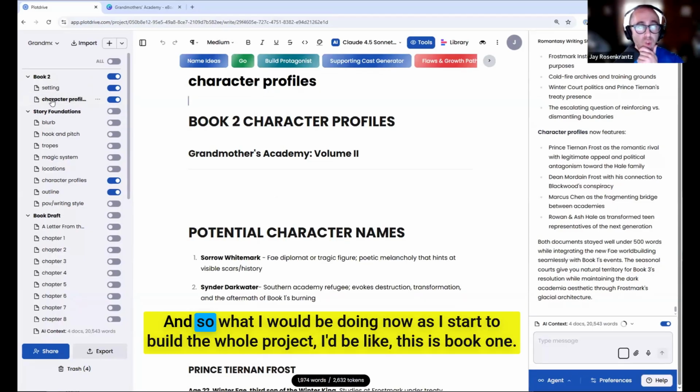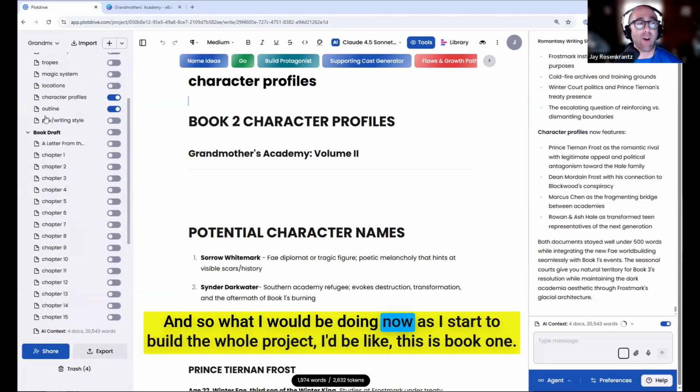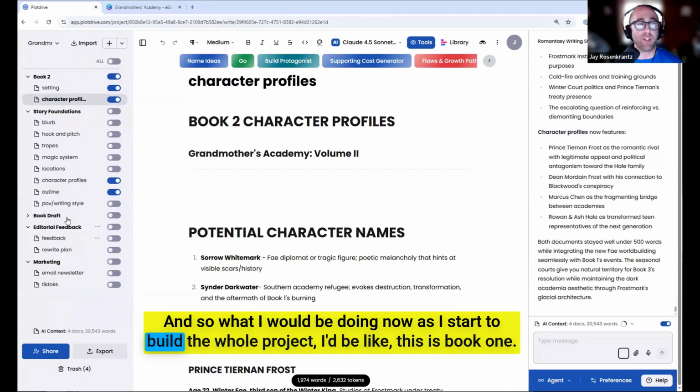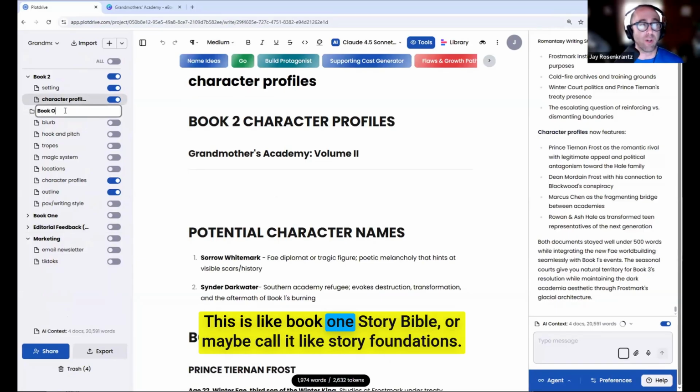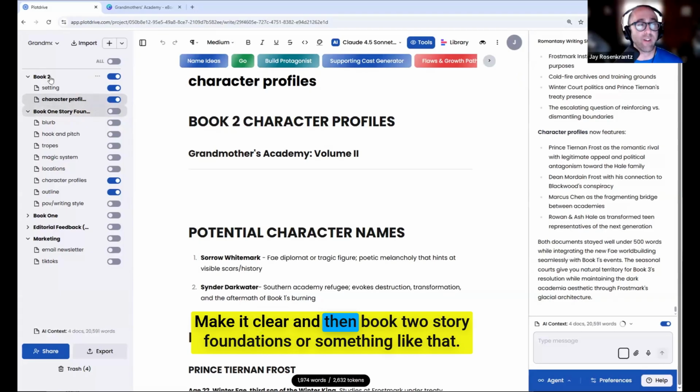What I would be doing now as I start to build the whole project is: this is book one, this is editorial feedback, book one, just to help me organize. This is book one story Bible, or maybe call it story foundations, to make it clear. And then book two story foundations.